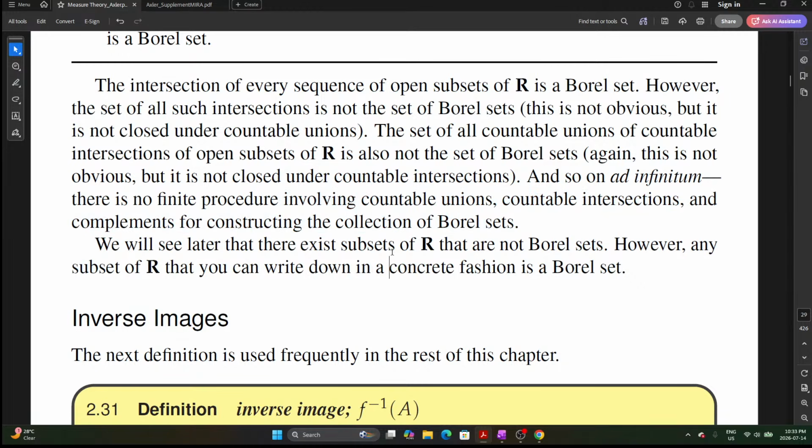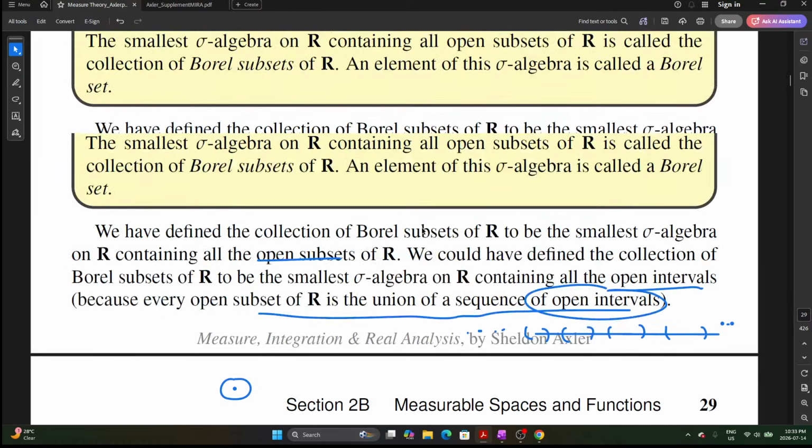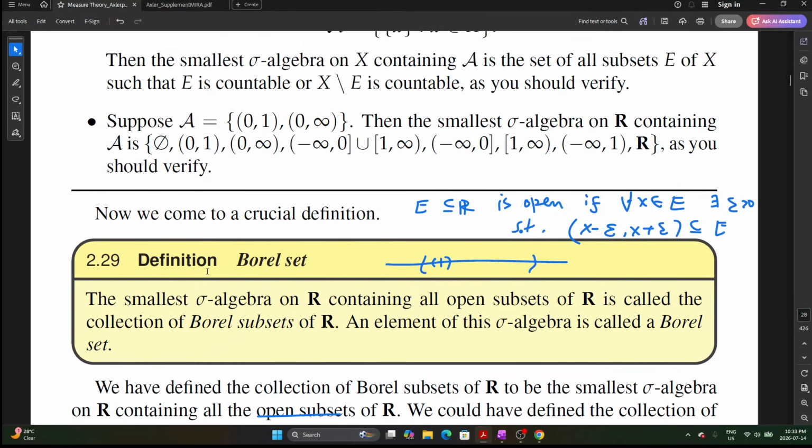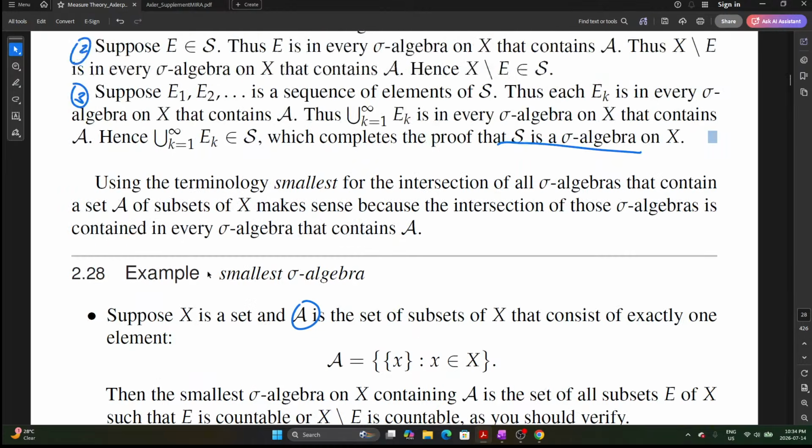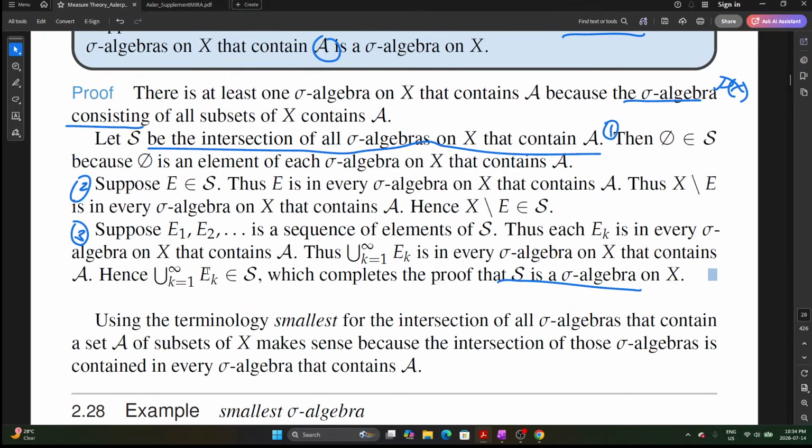Remember, the notion of the smallest sigma algebra in general is not a constructive process. You cannot list its elements, and in fact, if you could list its elements, it would be countable. It is a result that a sigma algebra can only be finite or uncountable.